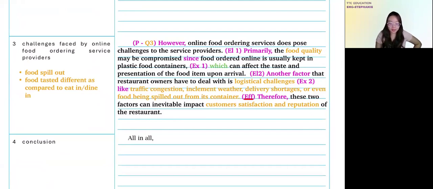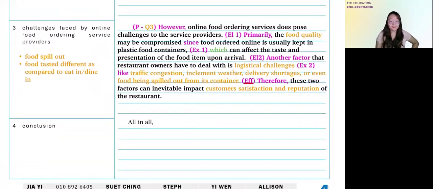Of course, your conclusion can start with "all in all." Other than "all in all," what are the other words that we can use? Let us just try to explore all this. So all in all, what else? In summary, very good. What else?